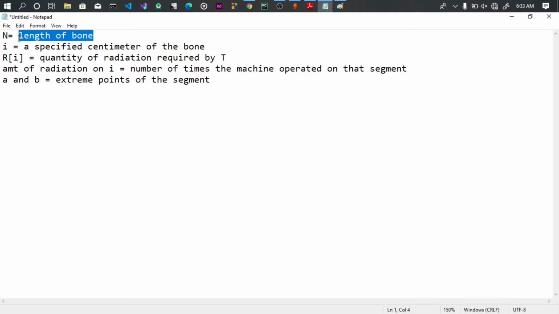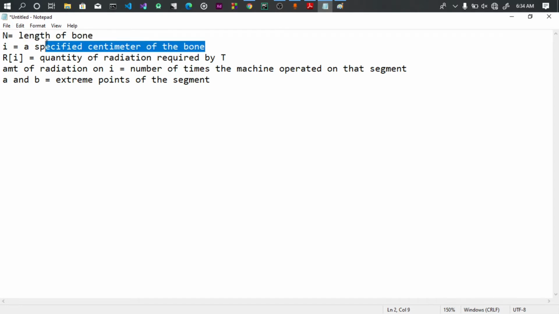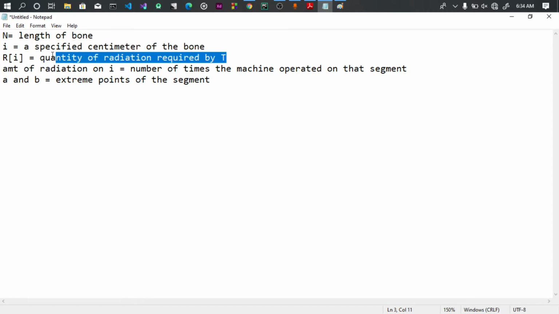Please, if you have the question already on your device, try to follow along. n is the length of the bone. i is a specified centimeter of the bone, where Ri is the quantity of radiation required there, and the amount of radiation on i is equal to the number of times the machine operated on that segment, and a and b are the extreme points of the segment. So these are the values.